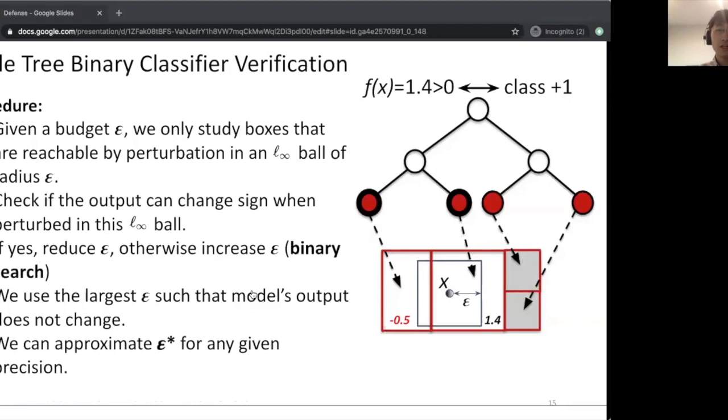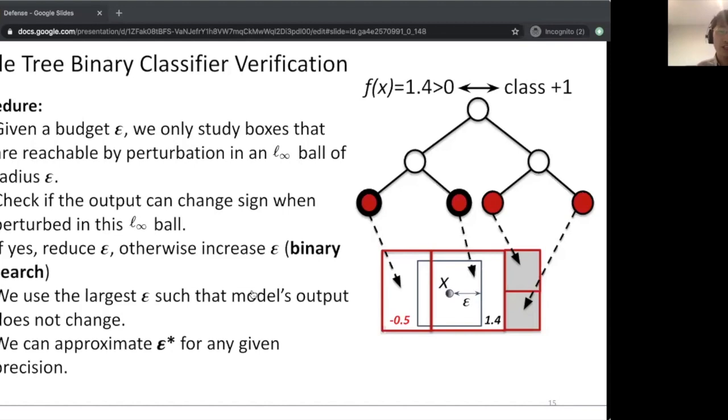Then given an adversarial perturbation budget epsilon, we just pick an epsilon value, and we only consider the adversarial perturbation within this epsilon radius L infinity ball. So we only need to study the boxes that are reachable by this perturbation.